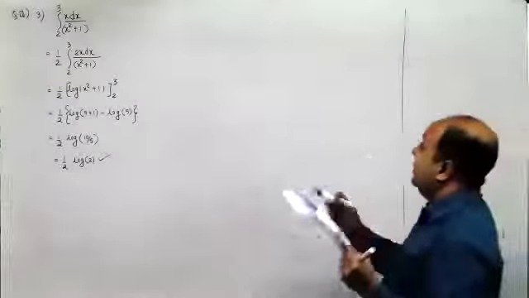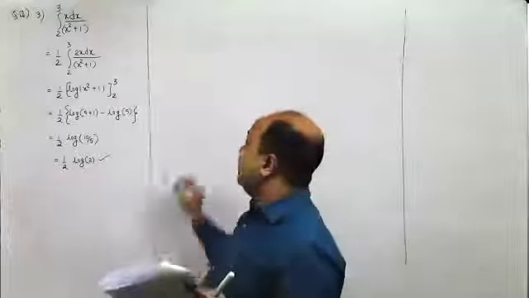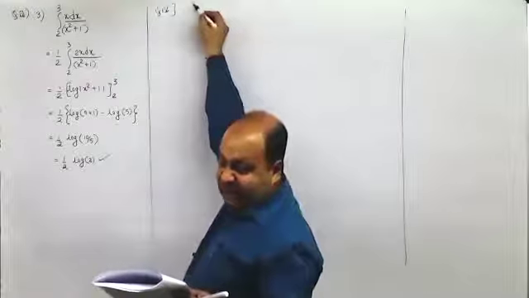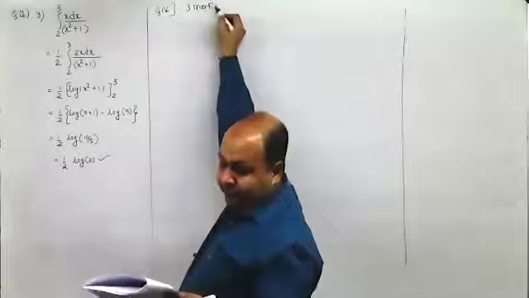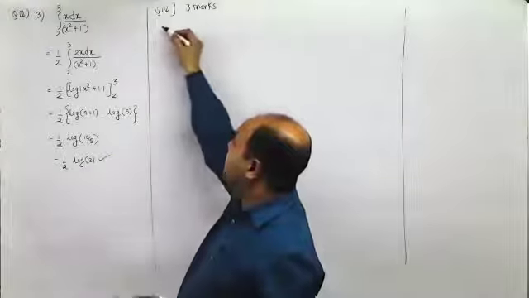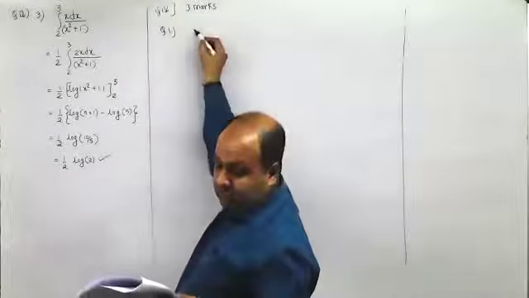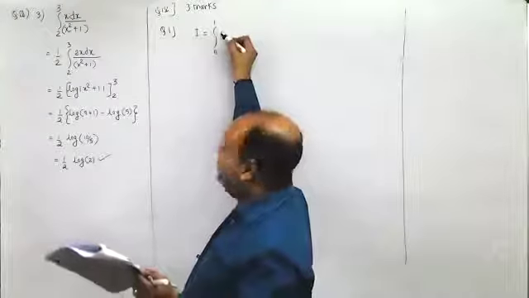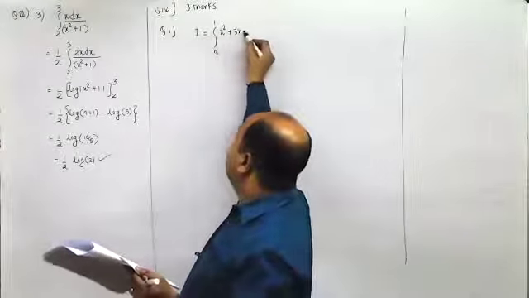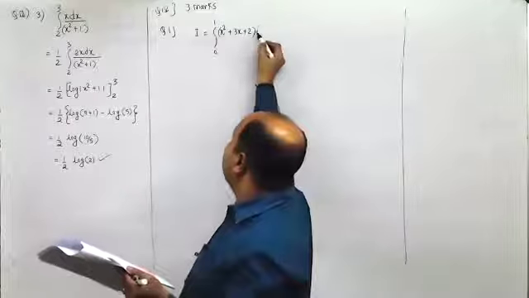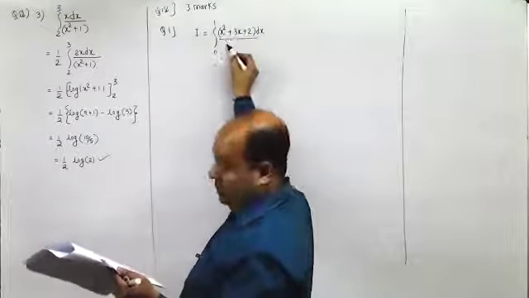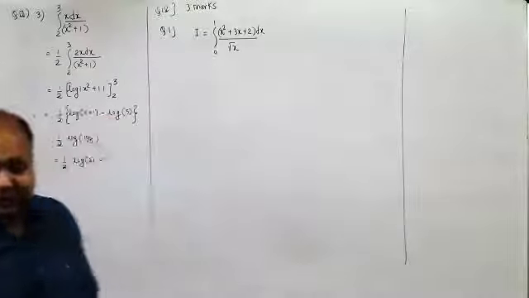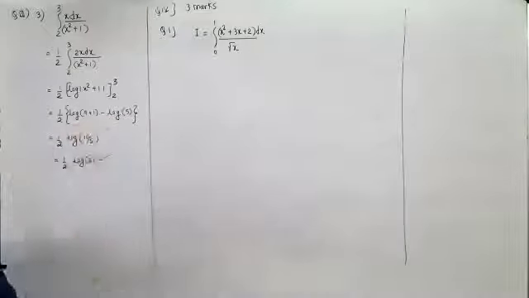They haven't mentioned the question number, but I assume it to be question number 4 itself. Question number 4, solve the following, 3 marks. Integral from 0 to 1 of x square plus 3x plus 2 dx upon root x. Now, if you observe here, treat this as if it is an indefinite integral problem.